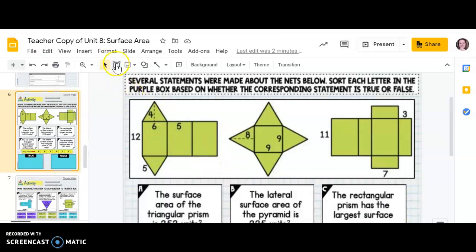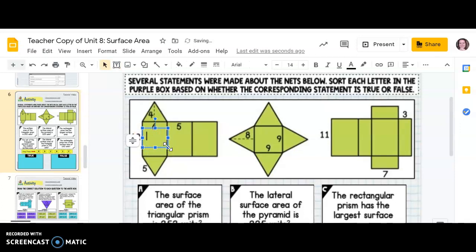What I like to do is put that in there, knowing that I did that. So 72. And because I like to put things in order, there we go. So 72. And I know that these two shapes are actually going to be congruent, this one and this one, because they overlap with the triangle.